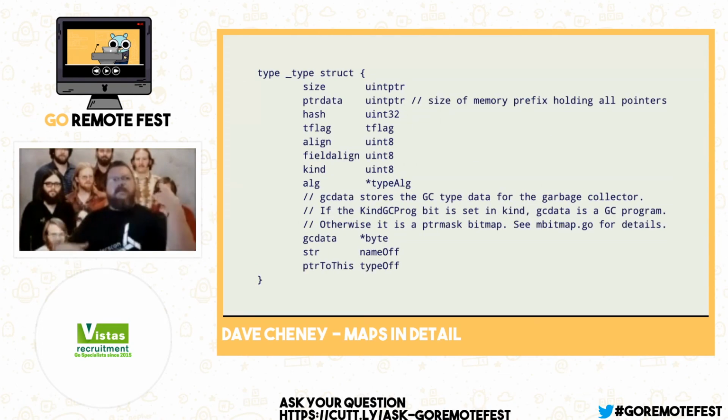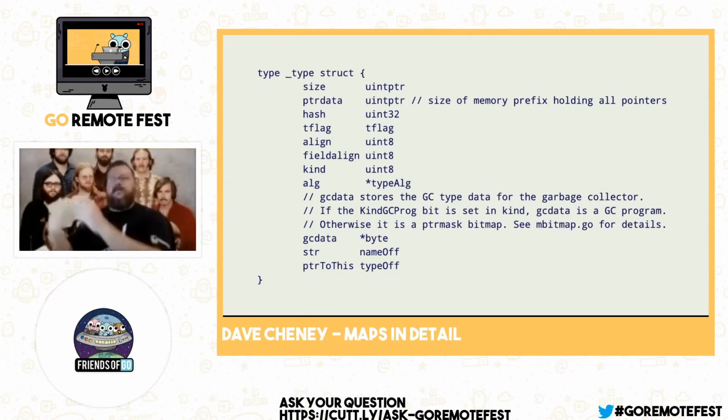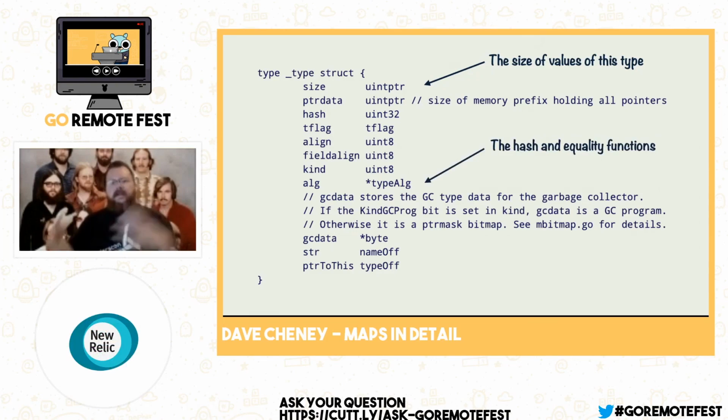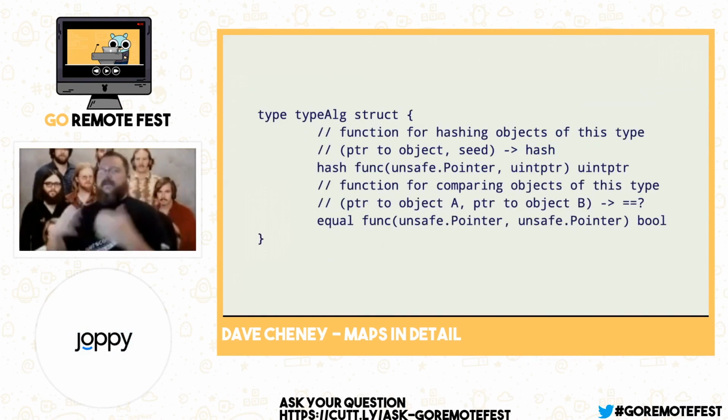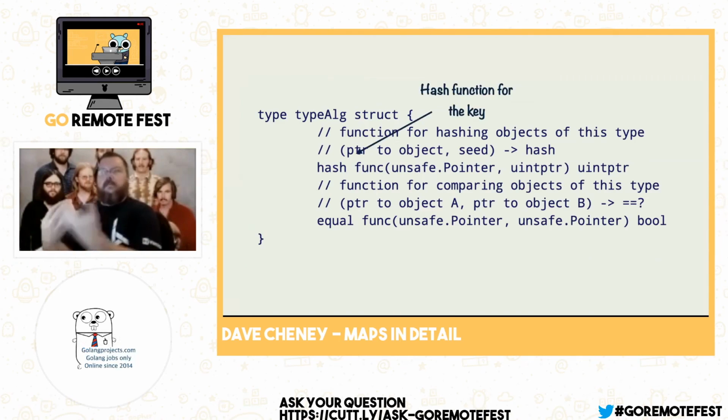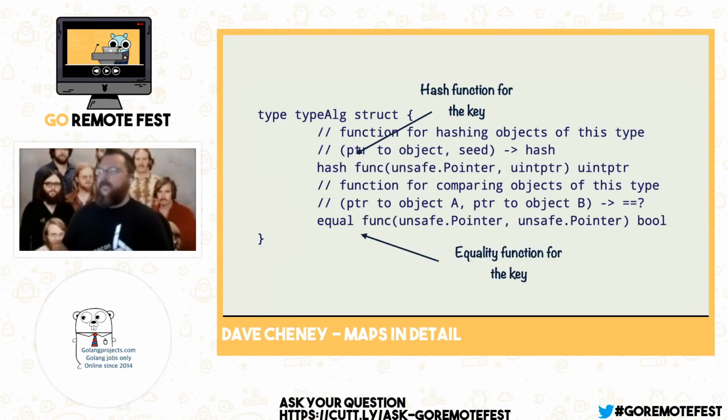So for every type that you create, there is one of these structures. It tells you things like how big it is in bytes, and it has links to the hash and equality functions. If we follow this chain a little further, we see this thing called a type alg. The type algorithm is a little structure which knows how to hash the particular type it references and do the equality for that type.